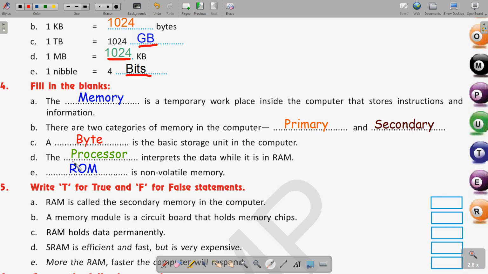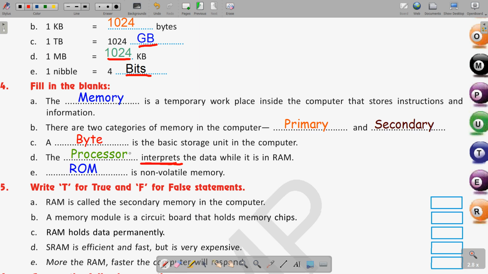Next one is, the blank interprets the data while it is in the RAM. So here the term is interpret. Which device's work is interpretation? The processor or the CPU. Rather than processor, you can also write CPU. Clear? Both are the same.